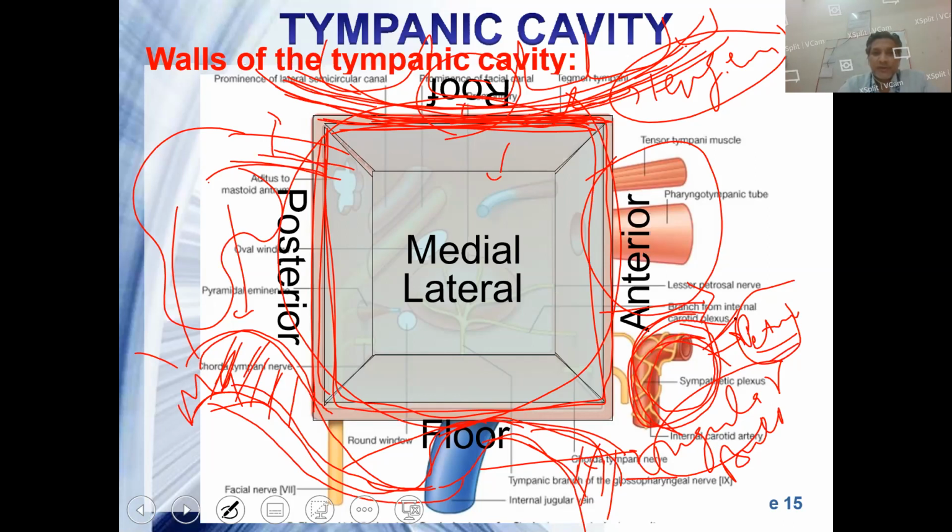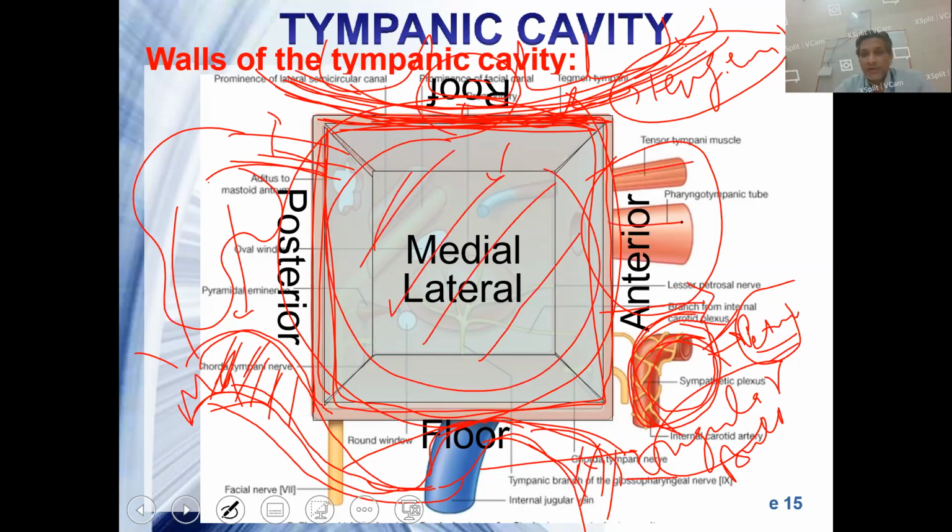So we have got an impression you can see through this schematic diagram. This is the medial wall right through this, and this will be the lateral wall, which will be covered by the tympanic membrane. This is the anterior wall. So we have got two openings in the anterior wall. You can see the upper opening is the canal of the tensor tympani.